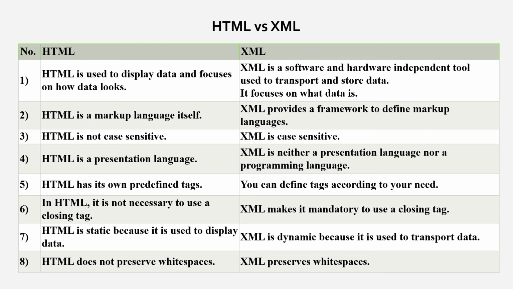HTML is static because it is used to display data, whereas XML is dynamic because it is used to transport data. Another important point is that HTML does not preserve white spaces, whereas XML preserves white spaces.